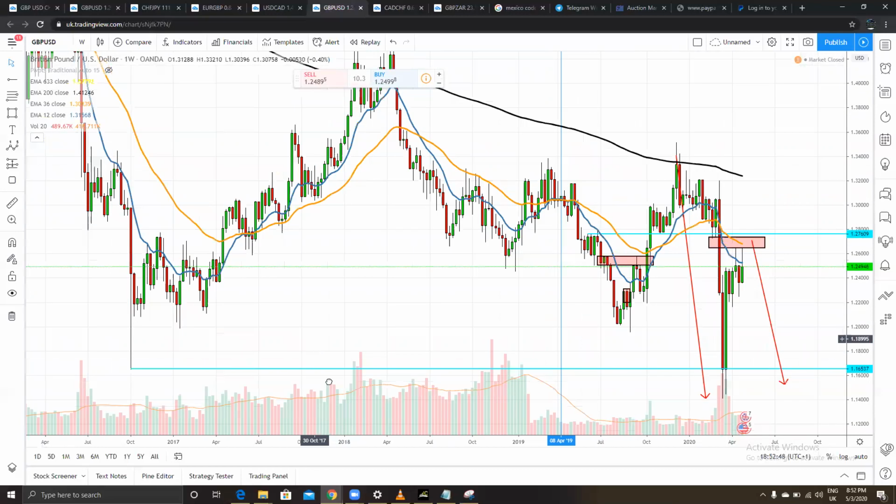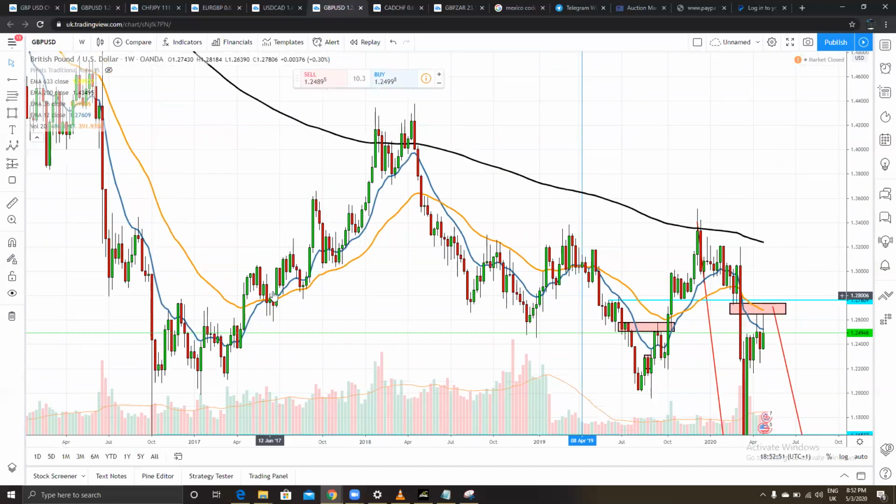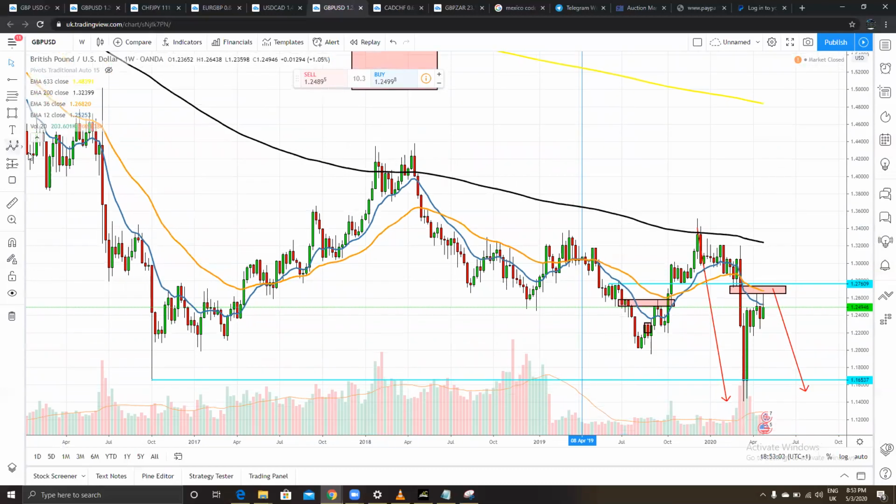When the 12 EMA crosses above the 36 EMA to the upside, or below the 36 EMA to the downside on the longer time frame, you might find yourself in a lucky position to see some serious move. In this case, this is about 1,500 pips.